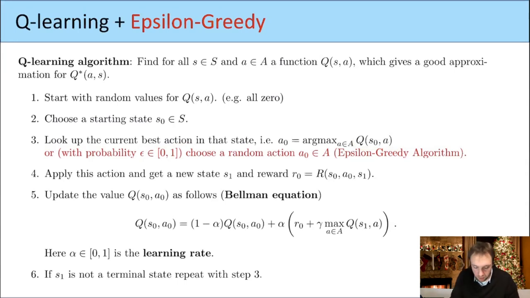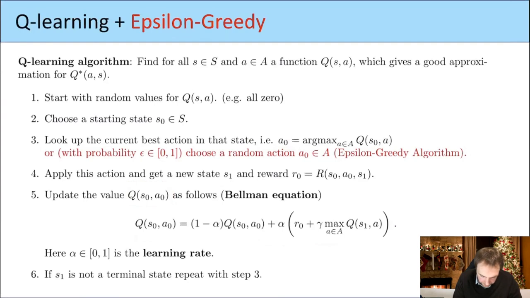At the beginning, maybe all of them are 0, so maybe we just choose one of them. Or what we also do by a certain percentage is sometimes we just choose a random action. Yeah, this is the so-called epsilon greedy algorithm. But maybe this is not so important now. And if we choose some action, then we will get a new state, and we also get a reward. And then what we do is we update this value where we went by using this formula here.